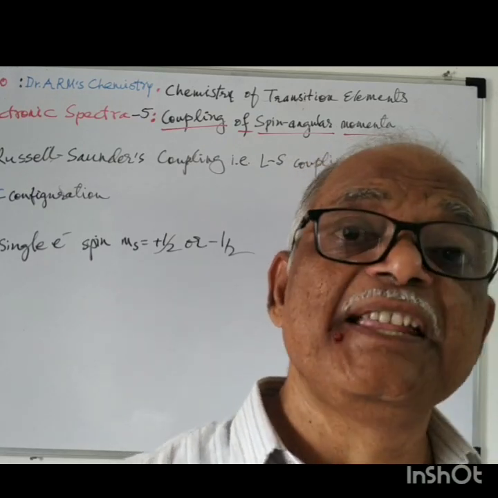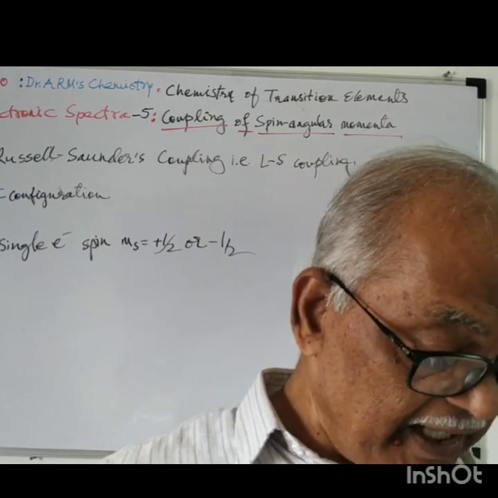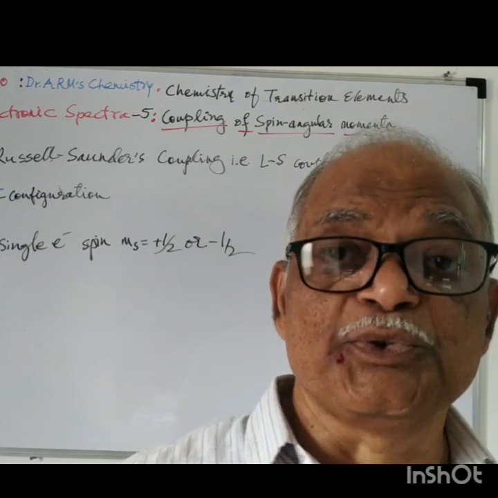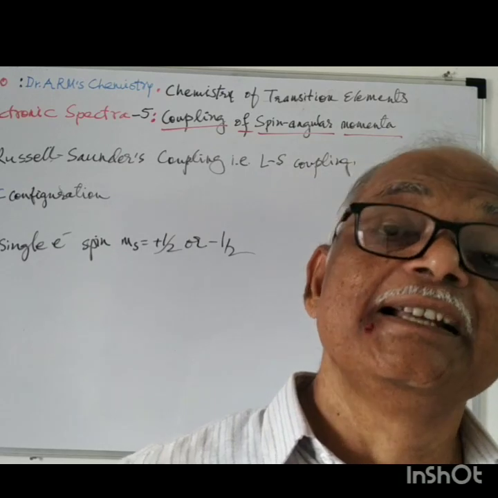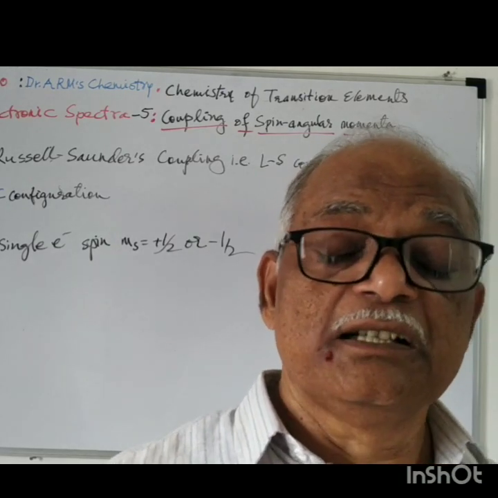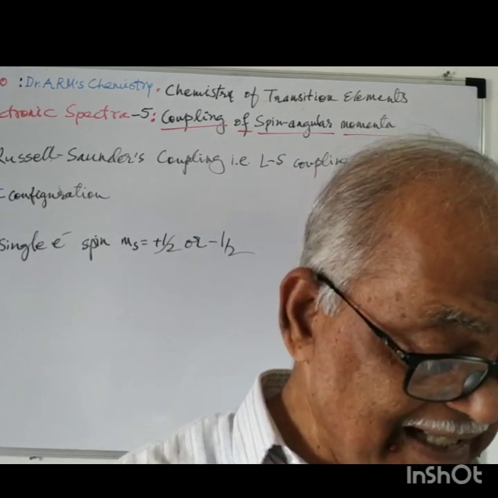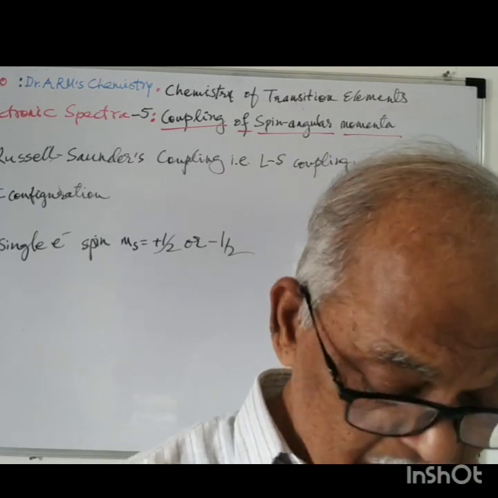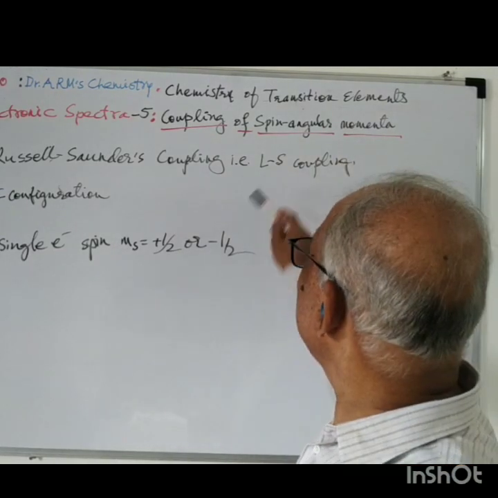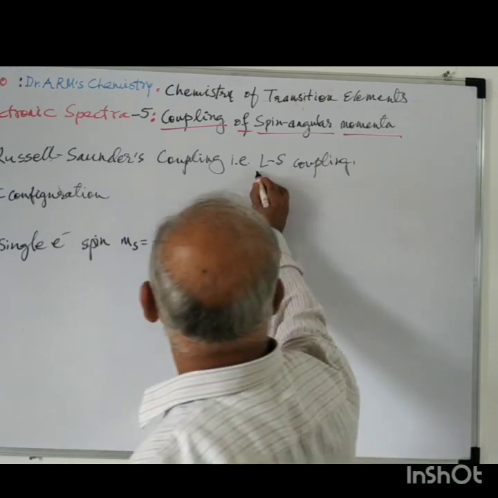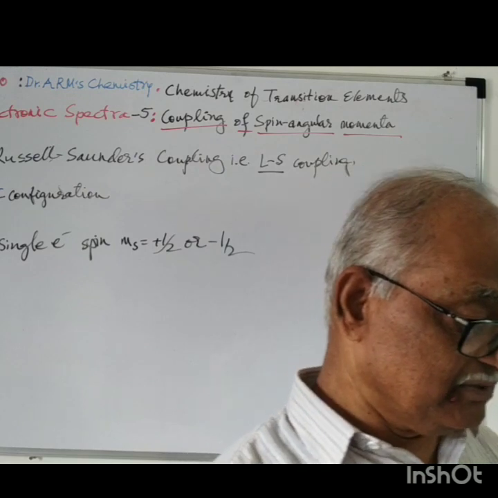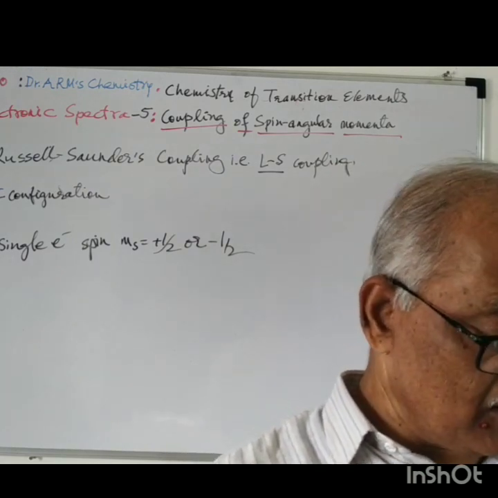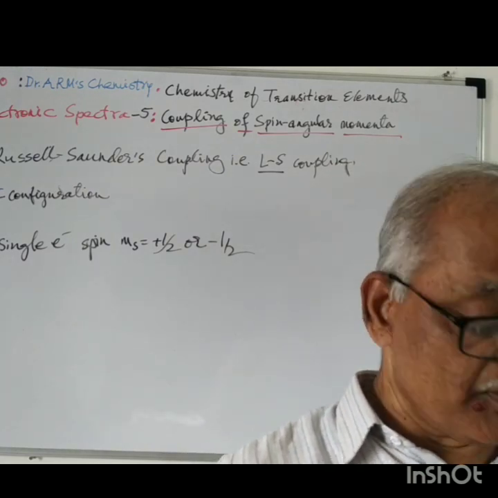In order to explain this coupling, we need the ms values, that is spin magnetic moment values, and the spin angular momentum values, that is the L values. So here we need the L and S values in order to explain the behavior or interactions of the electrons with each other.